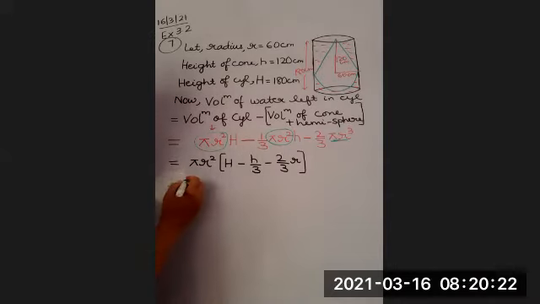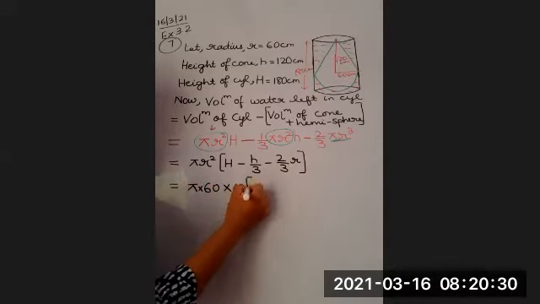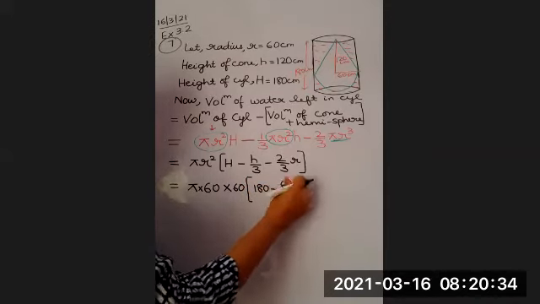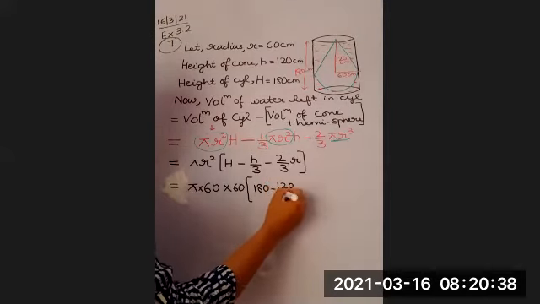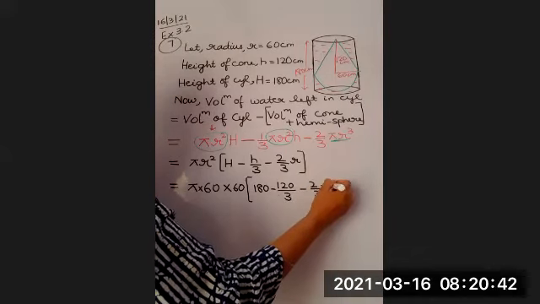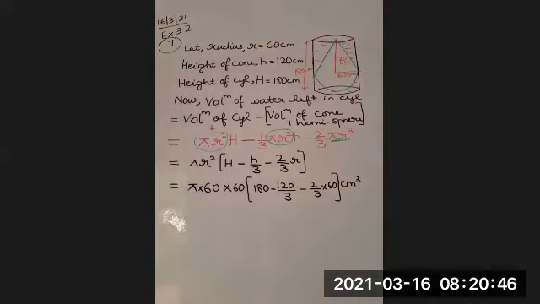Otherwise, 3.14. So let me just put pi only for the time being. Pi into 60 into 60, H is 180, small h is 120 upon 3 minus 2 by 3 into 60, and then we have centimeter cube.